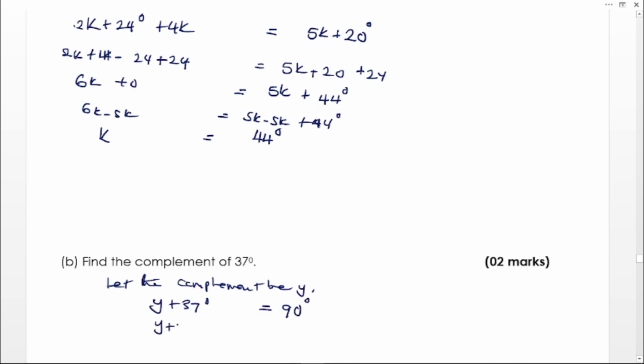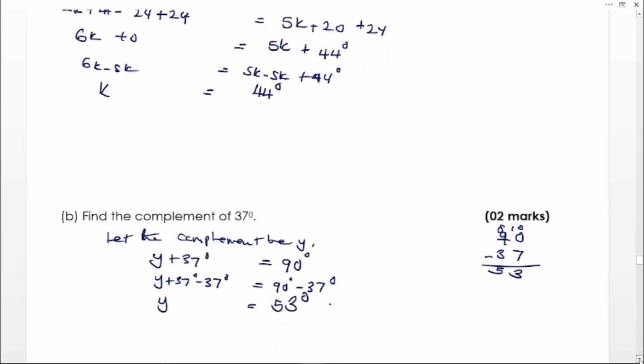So y plus 37 degrees, take away 37 degrees, is equal to 90 degrees, take away 37 degrees. So y is equal to 90 take away 37, we are subtracting. This is a 10, this is a 3, now this is 8, this is a 5. So y is equal to 53 degrees there.